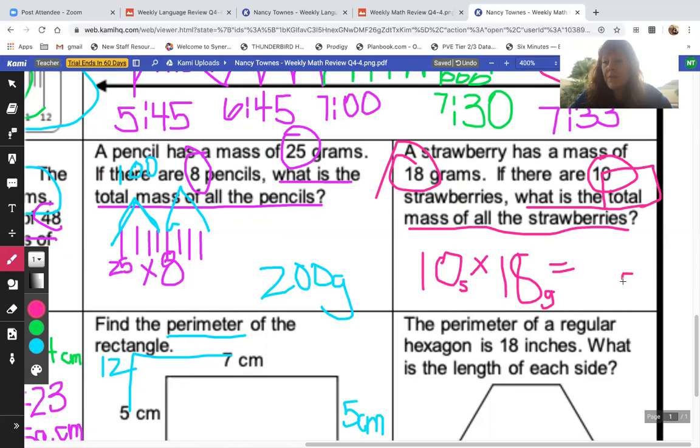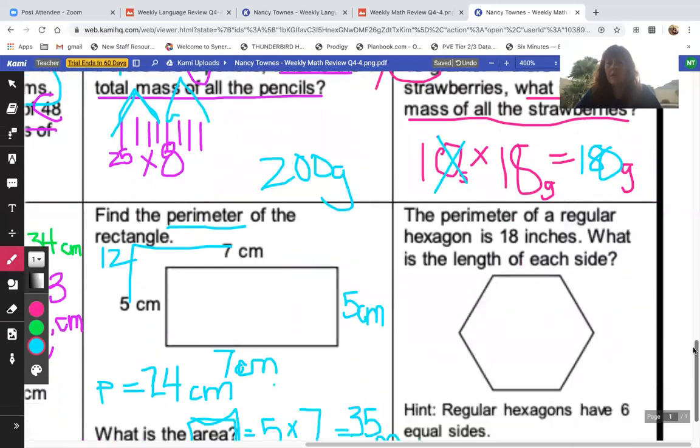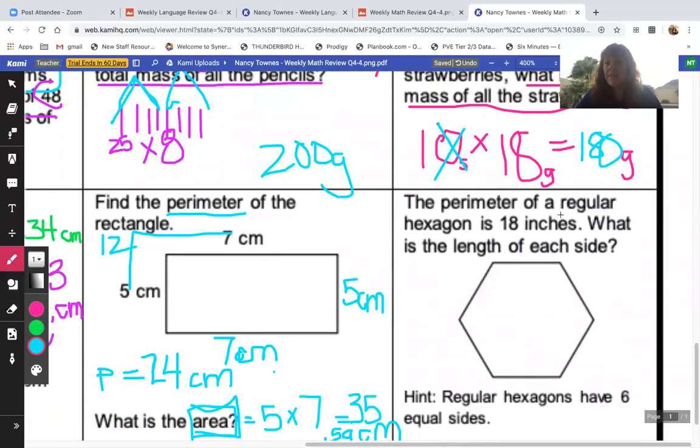So 10 times 18, now I know the 0 trick, right? I can cross out, I'll do a different color, the zero, take it away. 1 times 18 is 18. And you know, if we do the magic trick, we have to put the 0 back. So it's 180 grams.